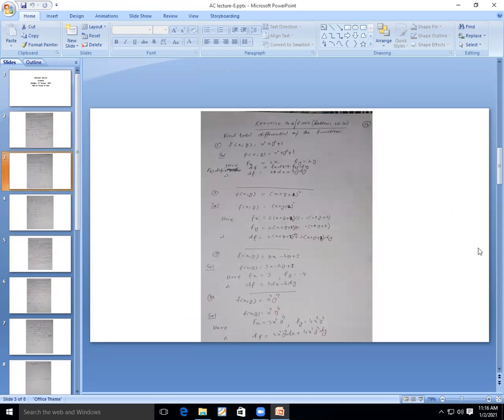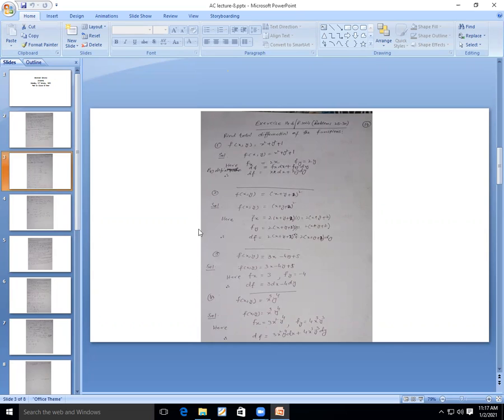So there is an exercise: find the total differential of the function. Here your function is f in two variables, x and y, which is defined as x square plus y square. First differentiate this function with respect to x, and then with respect to y, and you get the total differential df.